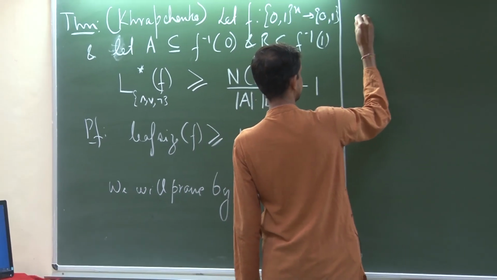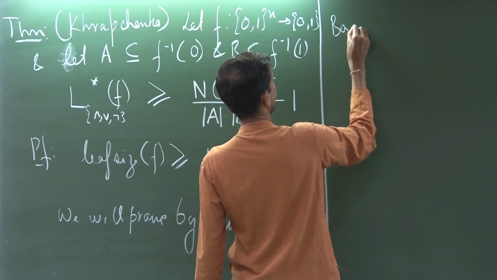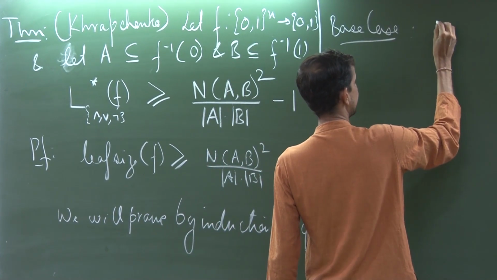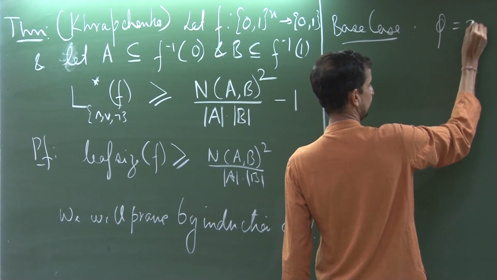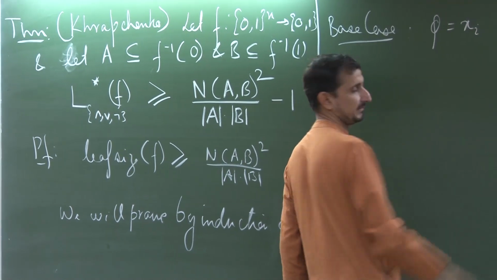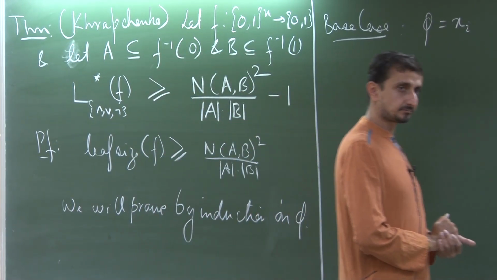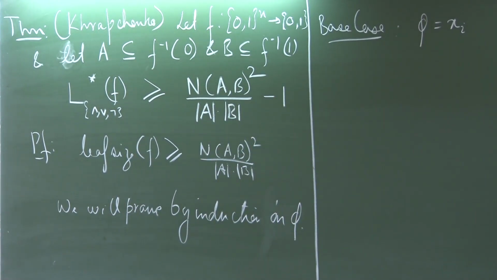Firstly, the base case. The base case is when phi is a single variable x_i. It does not have any gates. So, what does this mean?